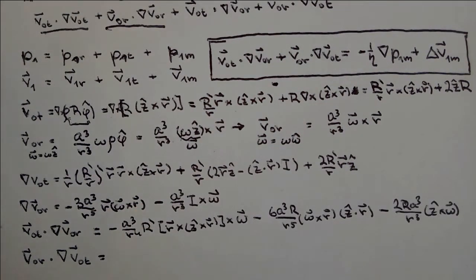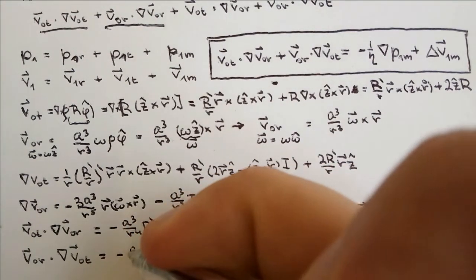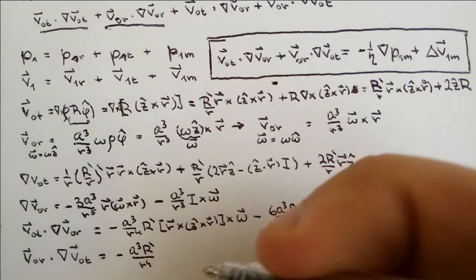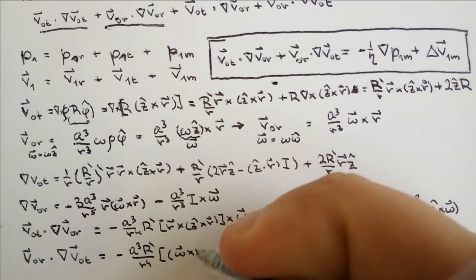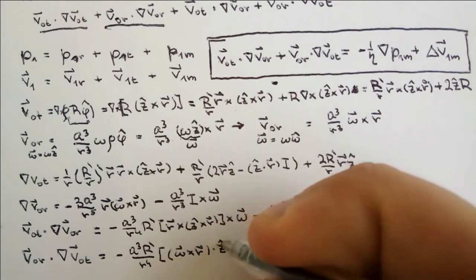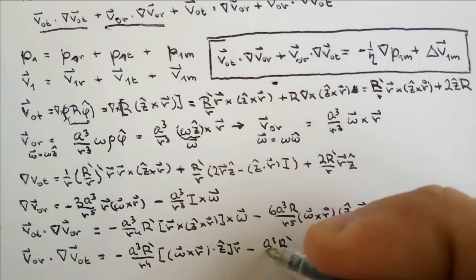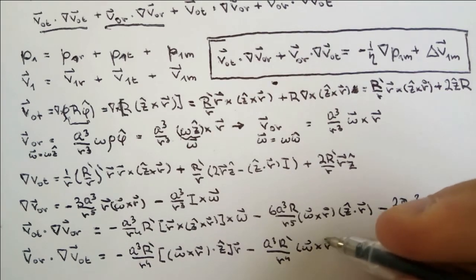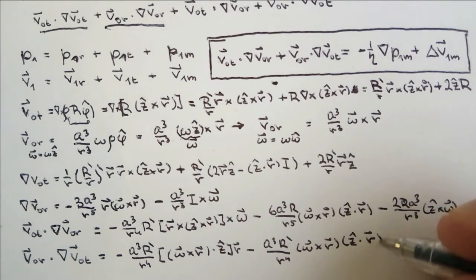And this is again not so complicated, because I will write it again and then I will explain what I've done. r prime to 4th power, omega cross r, minus a to this power and r 4th, and there is omega cross r and z dot r.